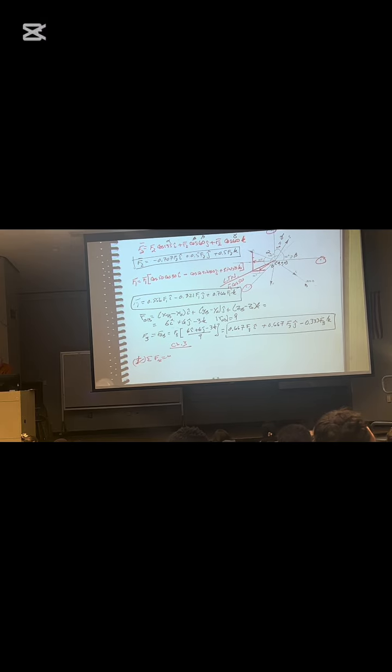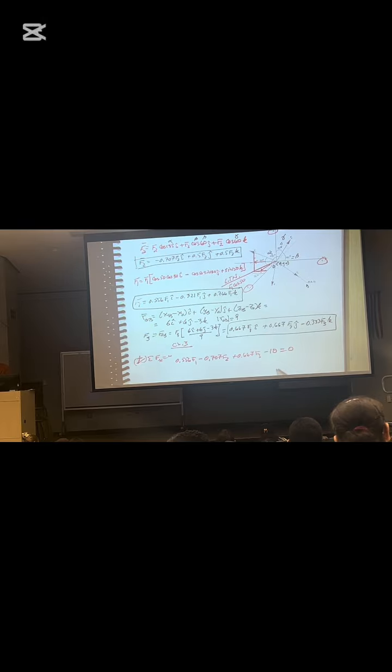Now I'm going to do what I did before. All of this was chapter 2. Now comes chapter 3. Sum of forces in the x equals 0, positive coming out of the paper. That says put all the i's together: 0.556 F1 minus 0.707 F2 plus 0.667 F3, and now the force is minus 10, equals 0.